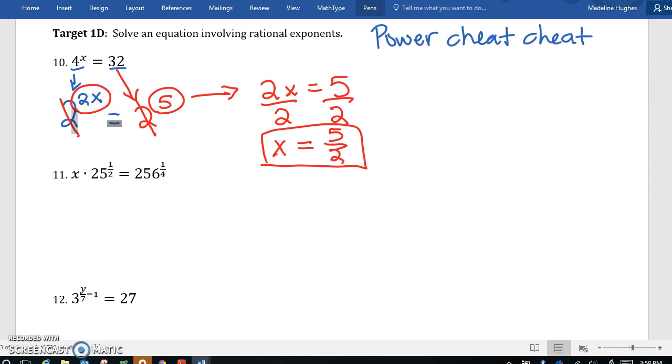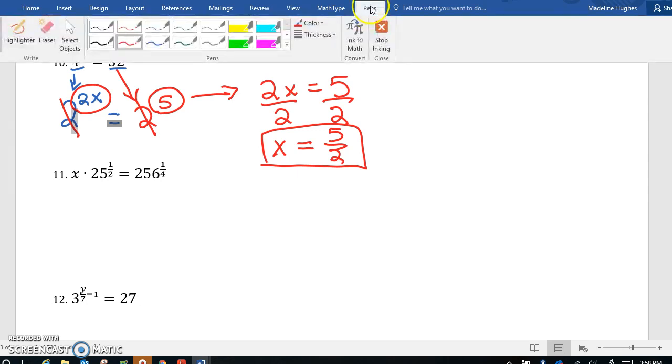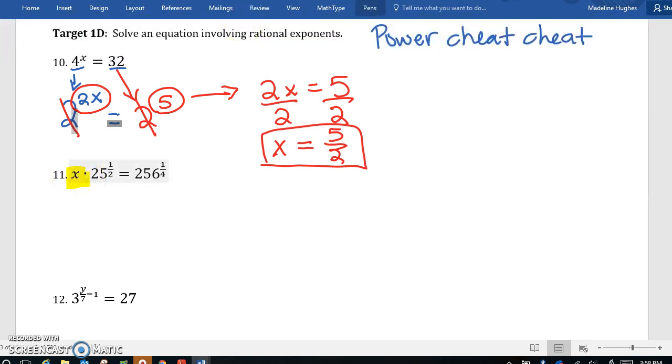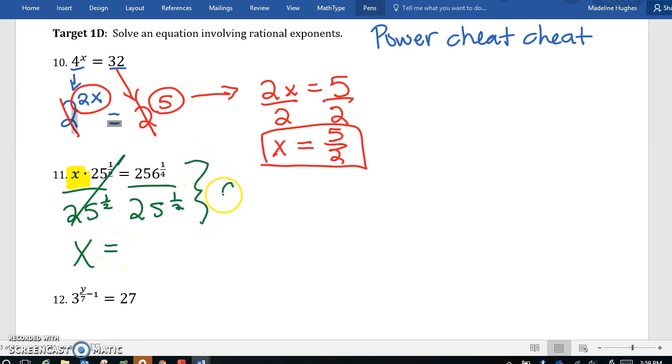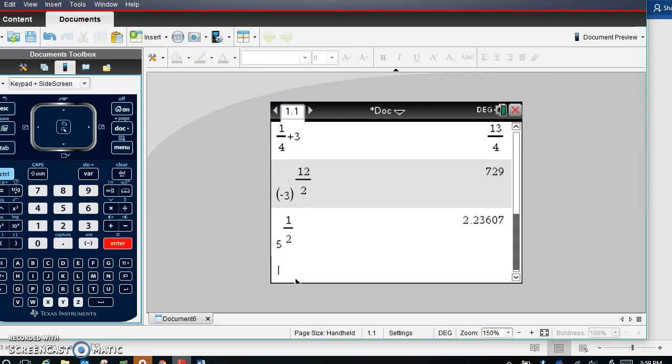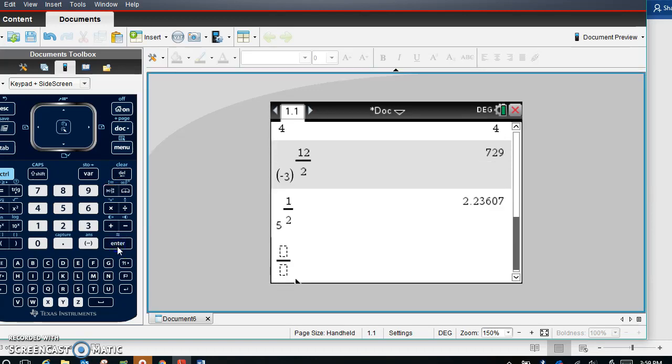Number 11. Since x is just out front, not in the exponent, we can just divide by that number to solve. So divide by 25 to the 1/2 power on both sides. Those will cancel to 1. So x is equal to, this whole thing goes into the calculator. We want a fraction because we're dividing.